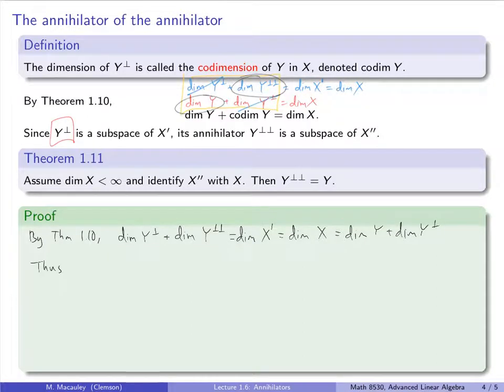Thus, the two things that I circled are equal, so the dimension of Y is the dimension of Y double perp.